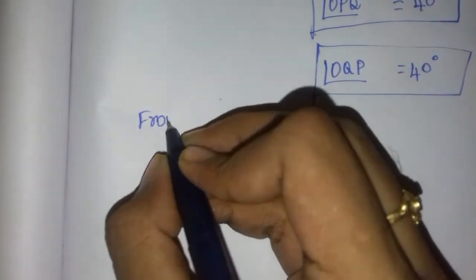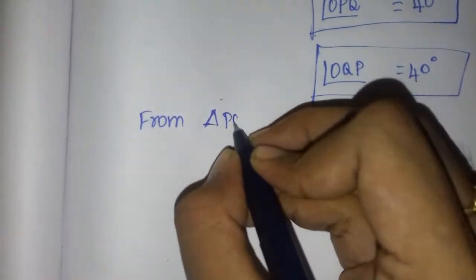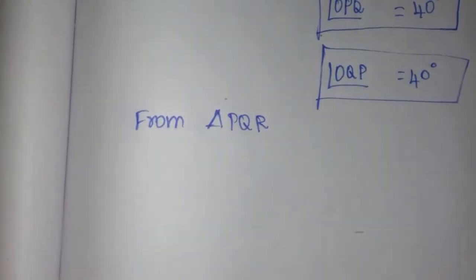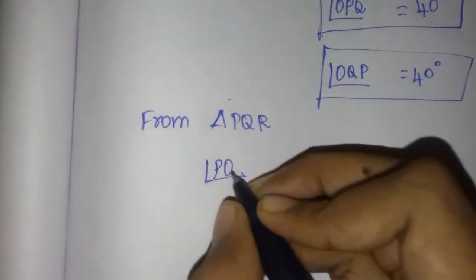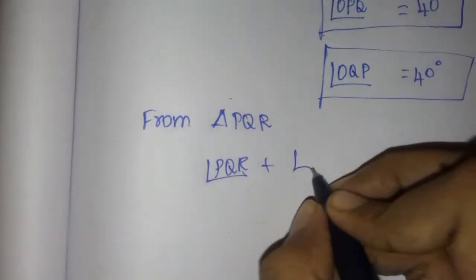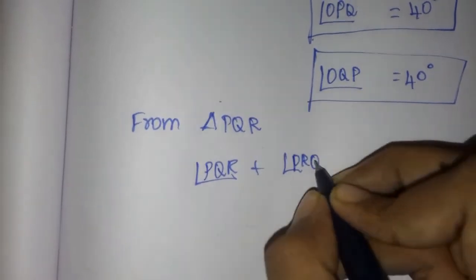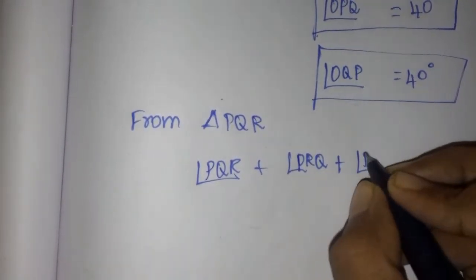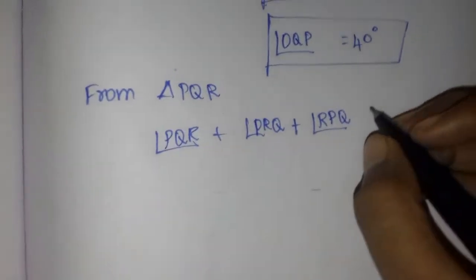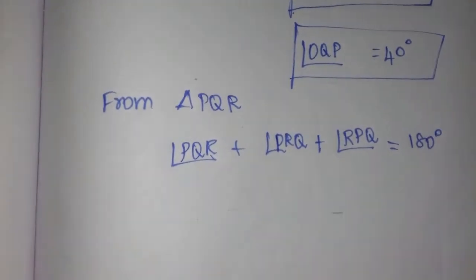From triangle PQR we will get angle PQR plus angle PRQ plus angle RPQ is equal to 180 degree. Now we are going to substitute all the angles.